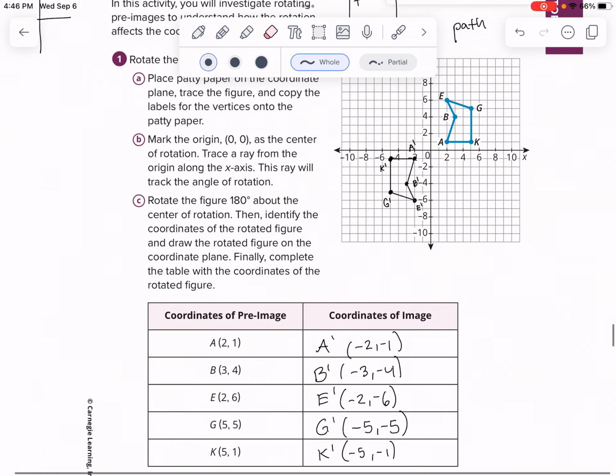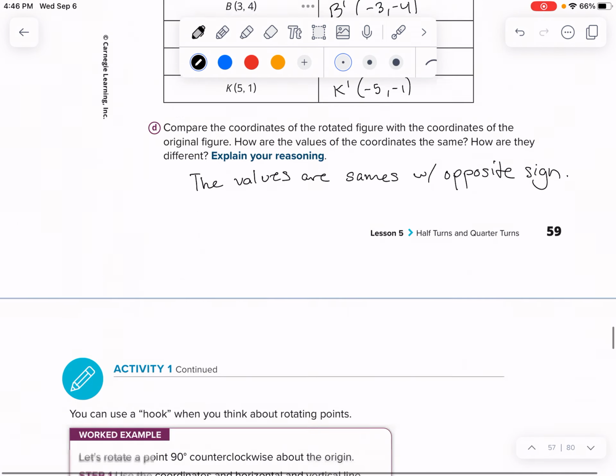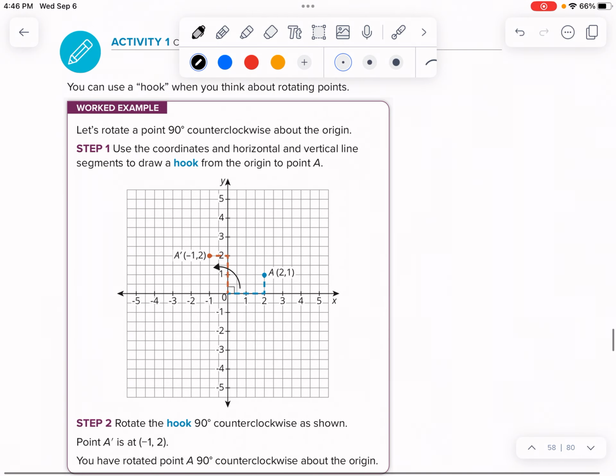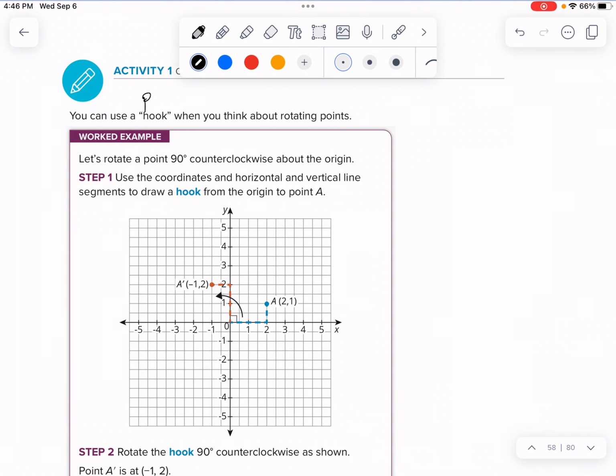All right, moving on to page 60. So I call it a path. The book calls it a hook. I mean, it's the same thing. So it says, let's rotate 90 degrees counterclockwise. So that's like this, a right angle.